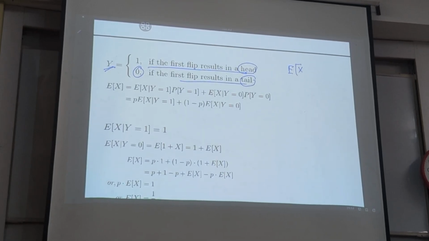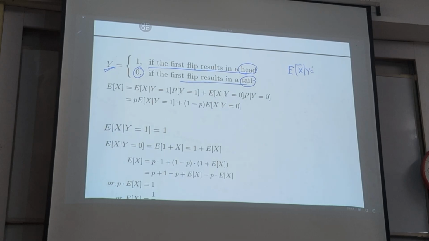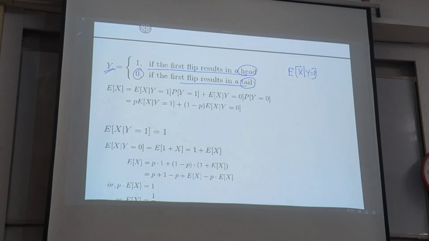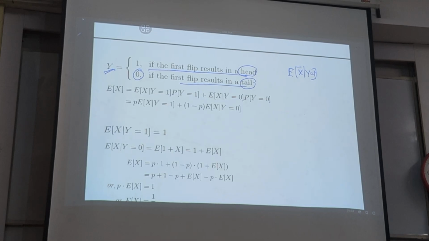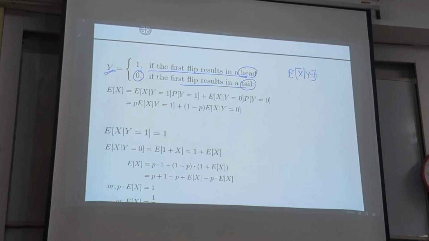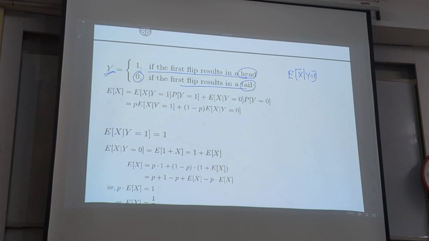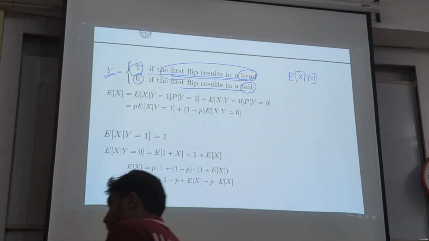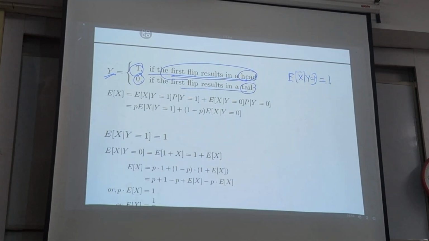So if Y is equal to 1, what is the expected number of tosses? If Y is equal to 1, that indicates the first toss produces a head, so this one is always 1.